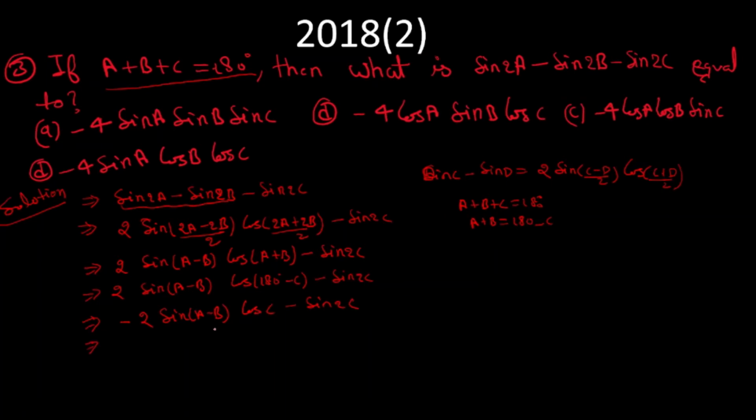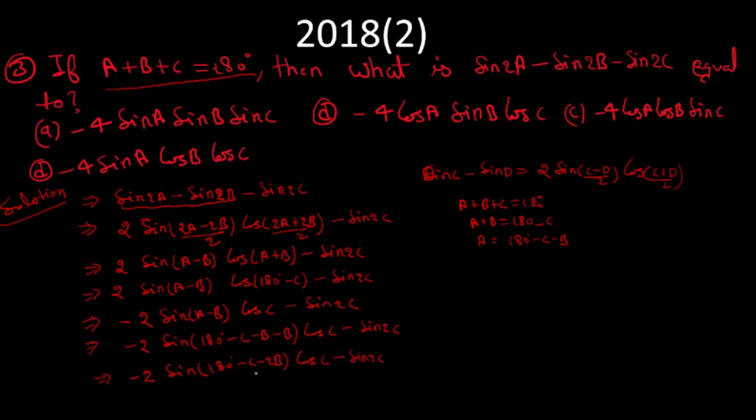So now I put a value here. a equal to 180 degree minus c minus b. When I put this value of a, we get sine of 180 degree minus c minus b, and cos c minus sine 2c. So we get minus 2 sine of 180 degree minus c minus 2b, and cos c minus sine 2c.